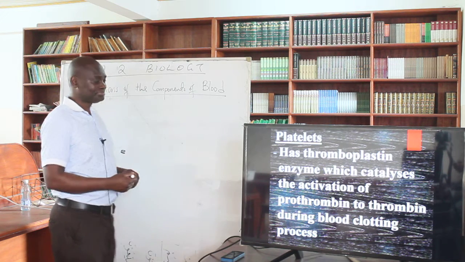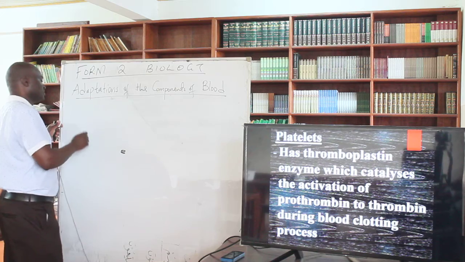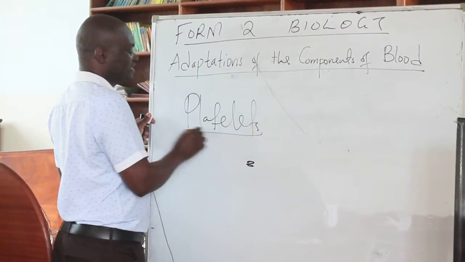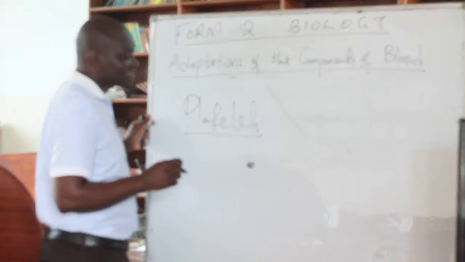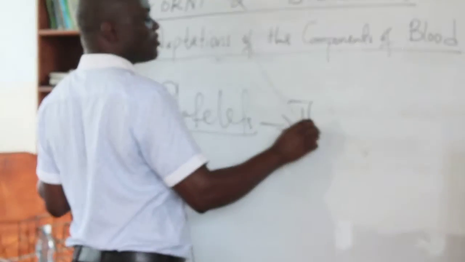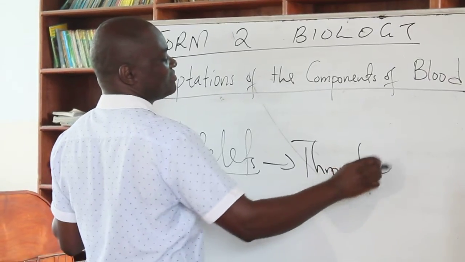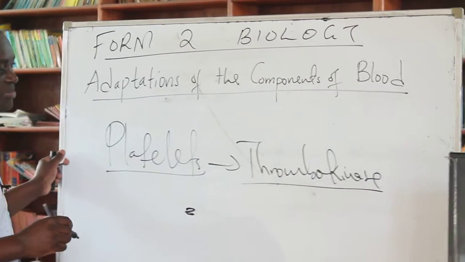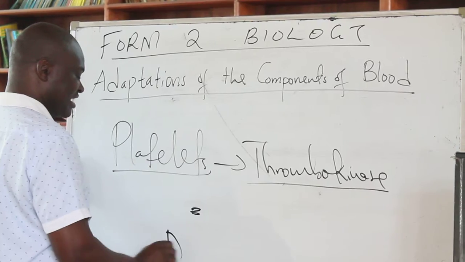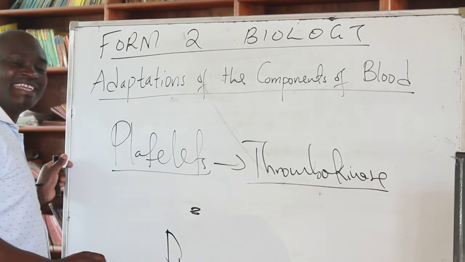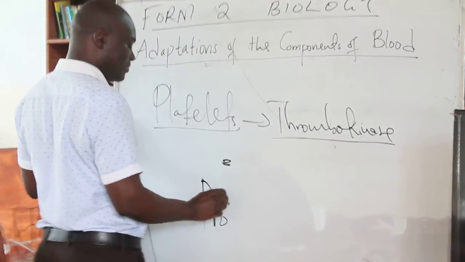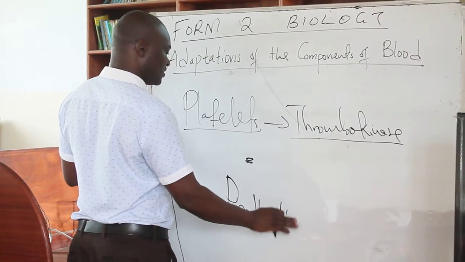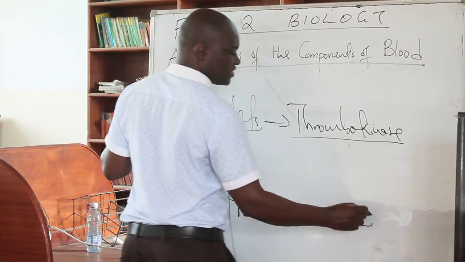Now remember that we talked about the platelets and the clotting process, and we said that platelets normally contain thrombokinase enzyme. The thrombokinase helps in the conversion of an inactive enzyme called prothrombin to thrombin.